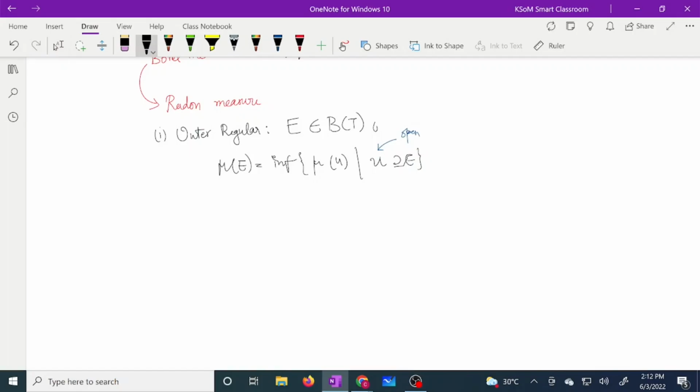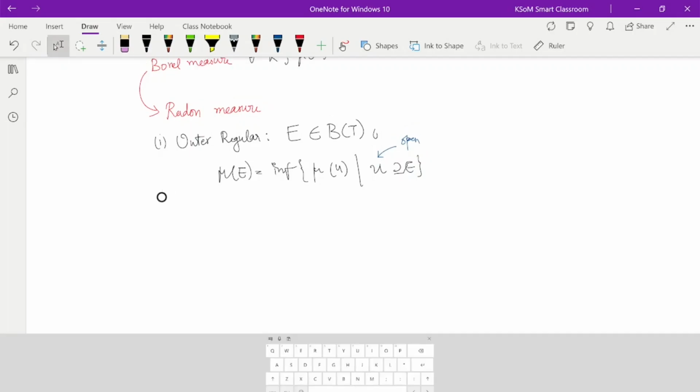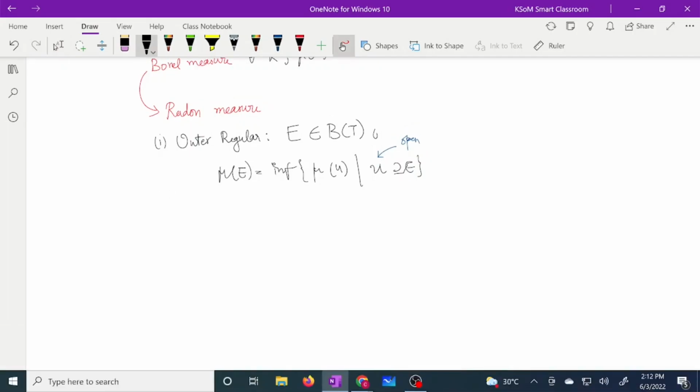The second thing is inner regularity. What does inner regularity say?